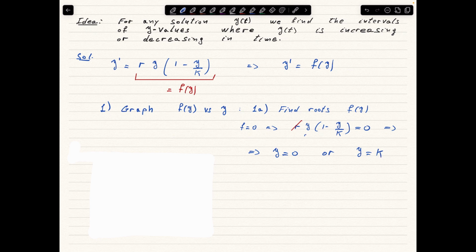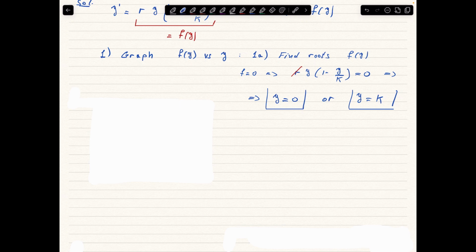So either this factor is 0 or this factor is 0, which means y is equal to k. Alright, so we have the zeros.